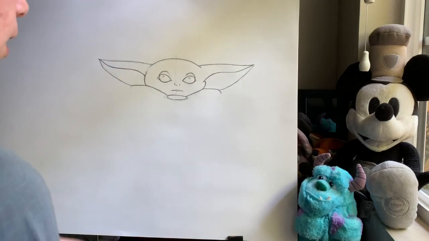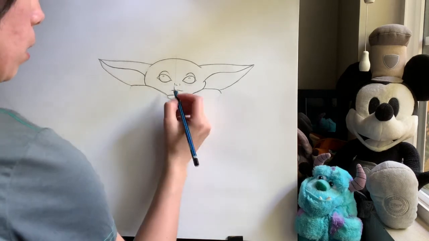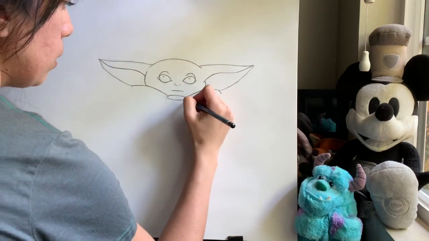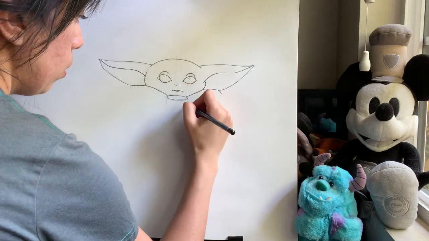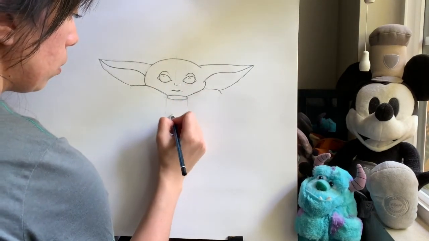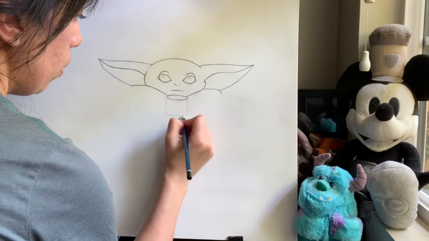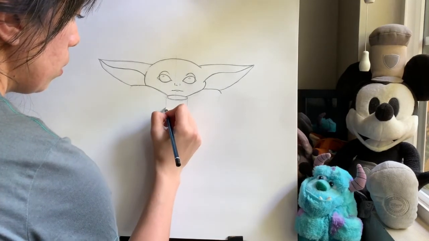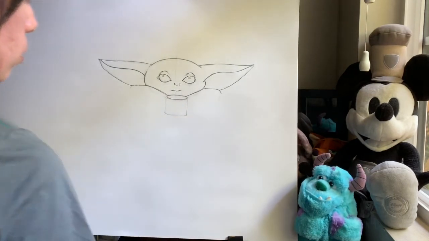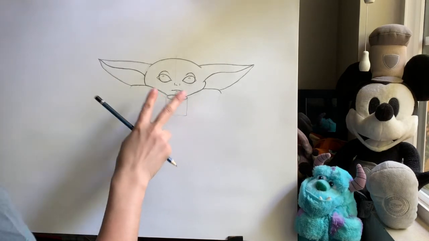Okay, let's go ahead and continue with the rest of his body. So let's begin with filling out the rest of that mug. So from the outsides, we just bring it down, keep it kind of short, and then form that box, just like so. For his fingers, they're going to be different on both sides.